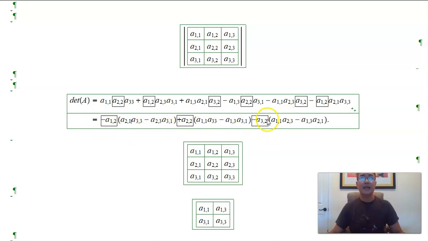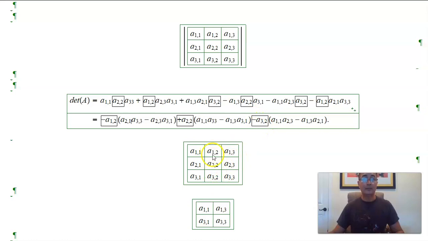So the last pair, A32. There's an A32 over there, and I seem to have factored out a minus A32. So therefore, the plus contribution will be this one, plus A11, A23 minus A13, A21. We can use the same copy that I made. Let's think about A32.